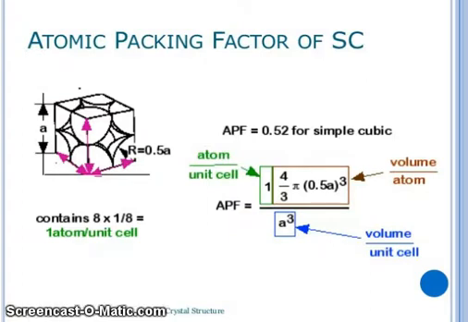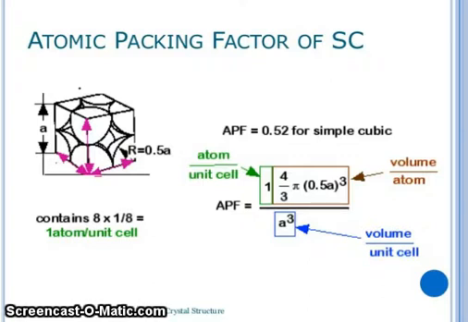Now atomic packing factor of simple cubic contains 8 corners times 1/8, 1 atom per unit cell, radius 0.5a.